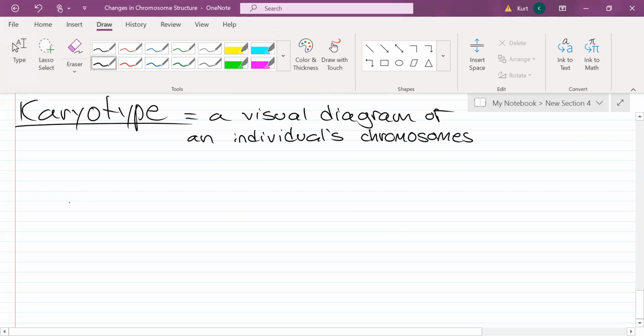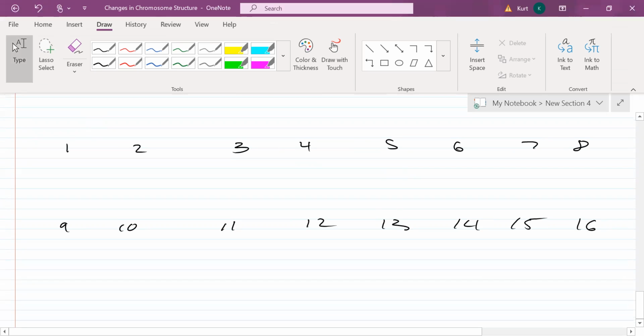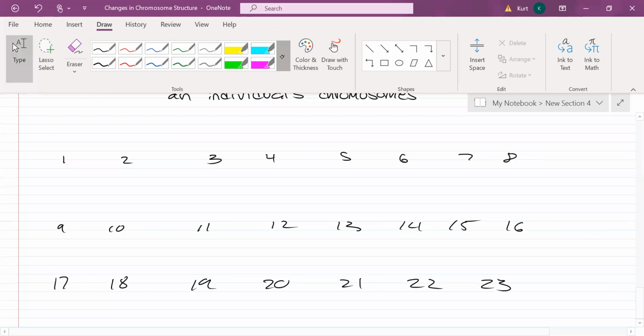But nonetheless, let's say you get one, and we're going to have 23 pairs here. 1, 2, 3, 4, 5, 6, 7, 8, 9, 10, 11, 12, 13, 14, 15, 16, 17, 18, 19, 20, 21, 22, 23. How many chromosomes do we inherit from our mothers? Come on, guys. 23.